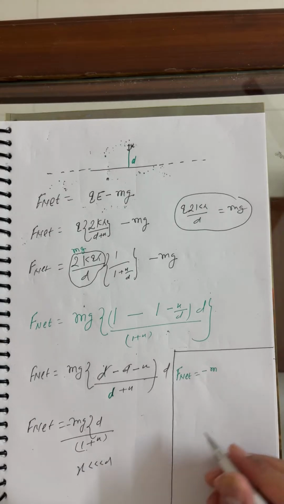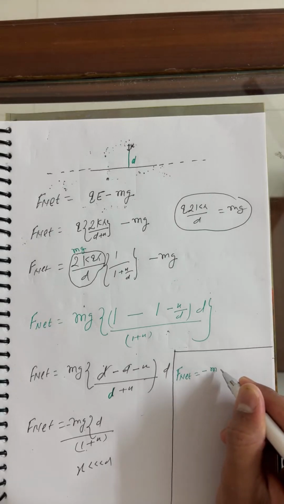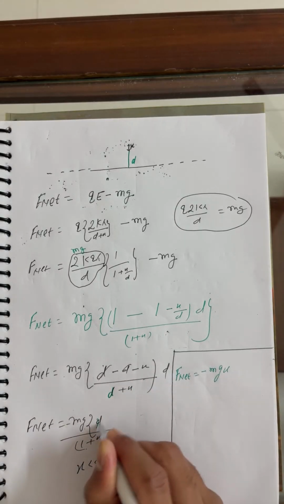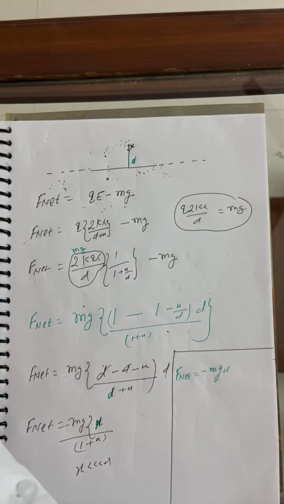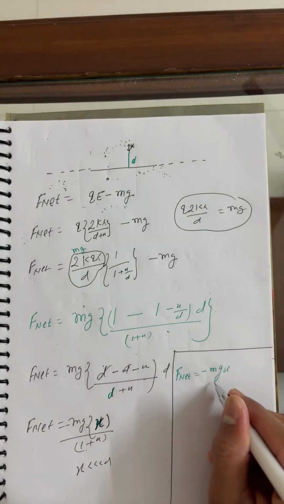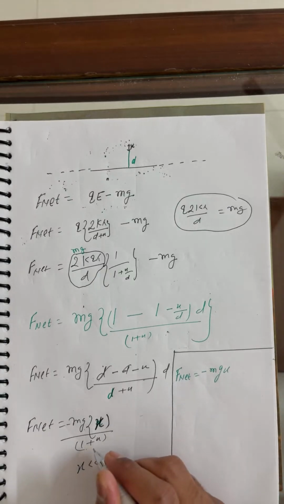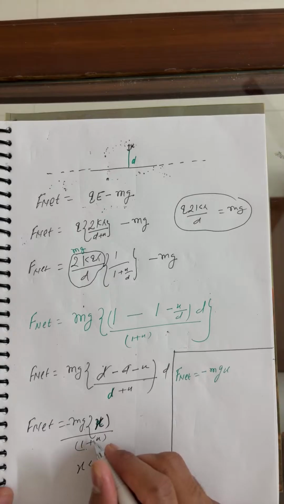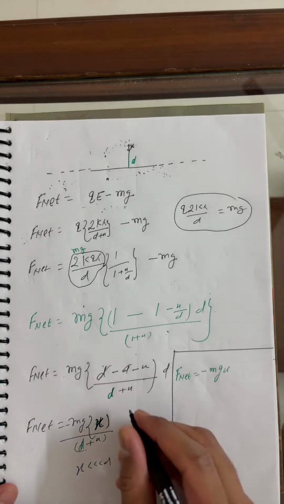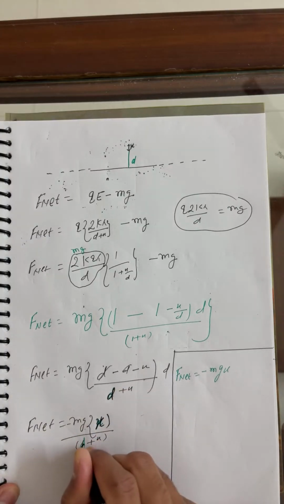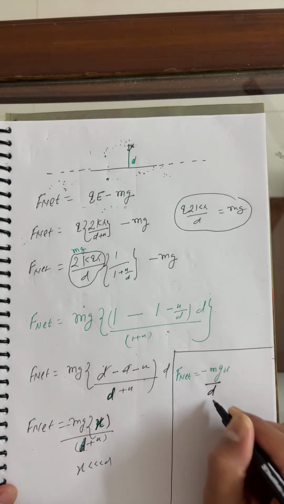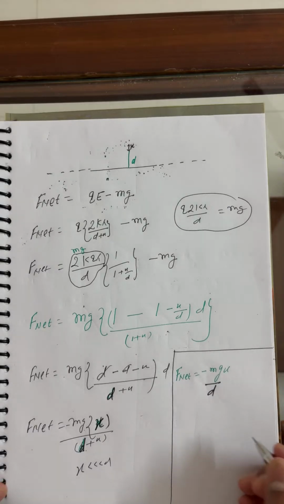So you can say F net equals minus mg x by d.